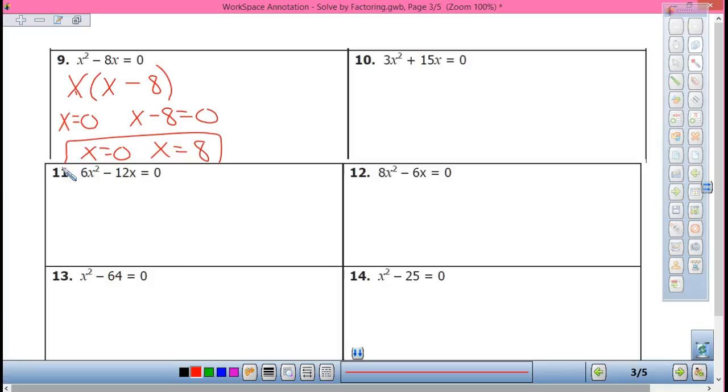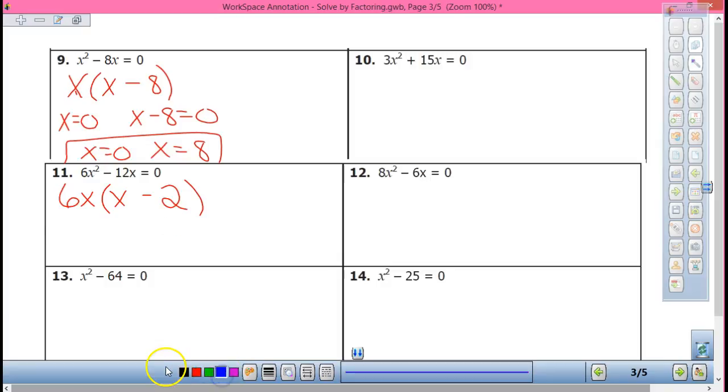What can I take out? I can take out a 6 and an x. And I am left with x minus 2.